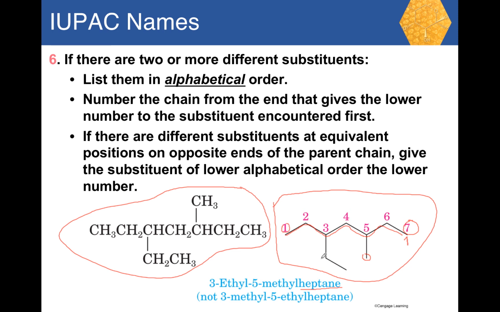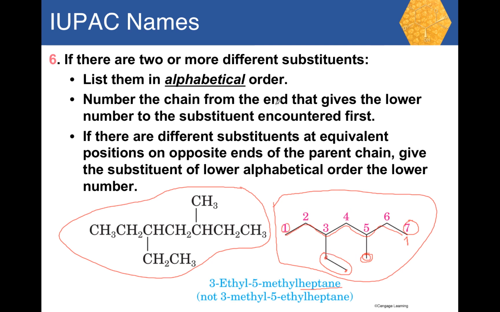However, let's look at the branches themselves. This branch is a CH2, CH3, 2 carbons. So that's an ethyl. This branch here consists of 1 carbon, so it's a methyl. So we have an M and an E for ethyl.